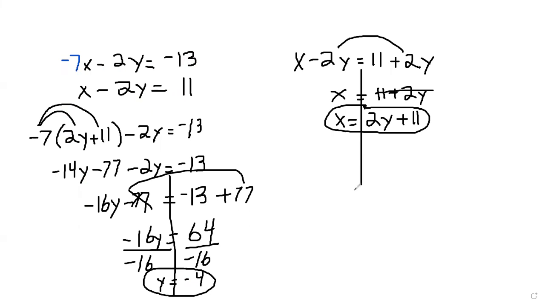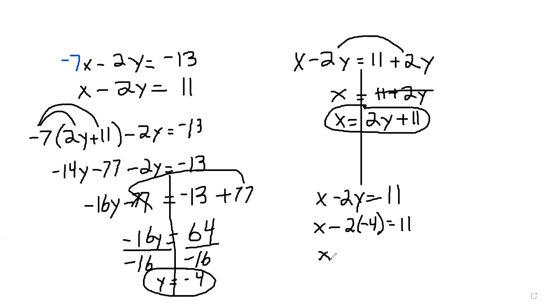So let's write the second equation down here. x, we could probably just use that up there, huh? But let's use the one that's in the problem. x minus 2y equals 11. Now what did we figure y to be? y is negative 4. So we have x minus 2 times negative 4 equals 11.